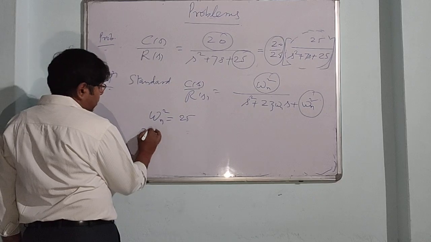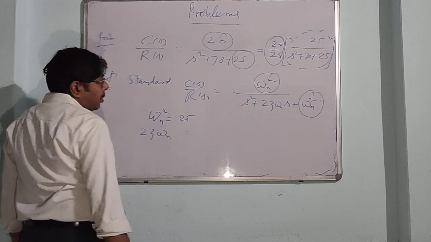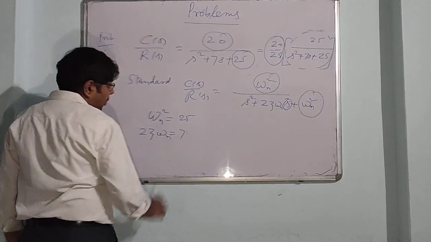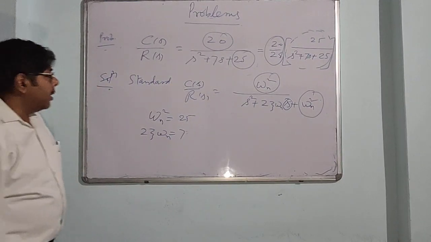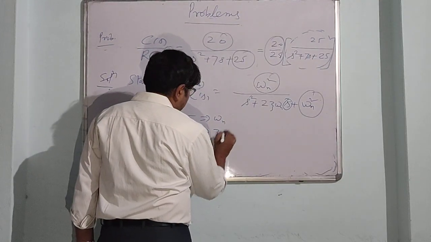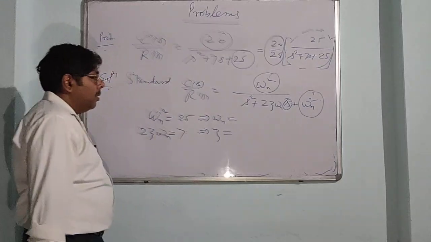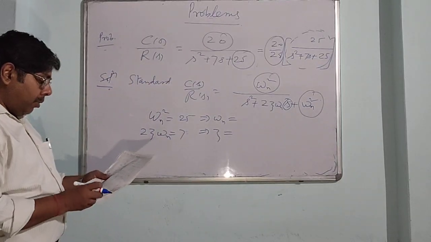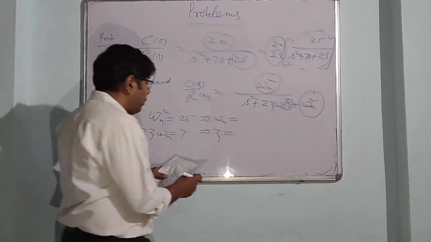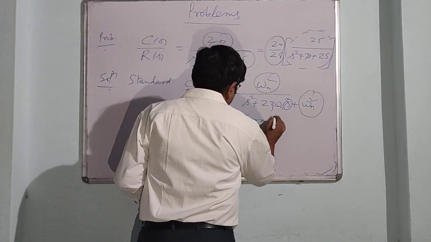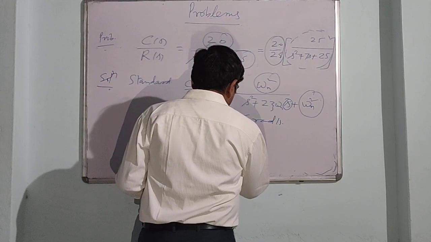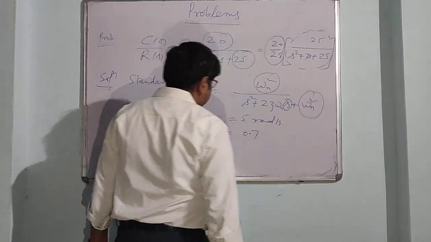And the next parameter, which is the coefficient of this, is 7. So we can calculate easily these two values from here. Omega n for this is 5 radian per second, and the damping factor is approximately 0.7.